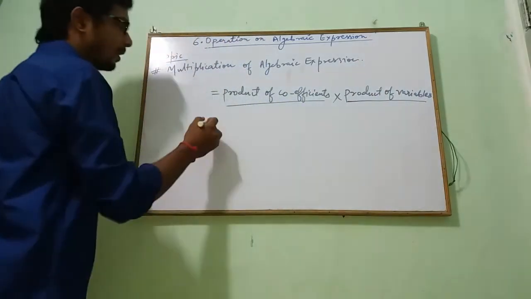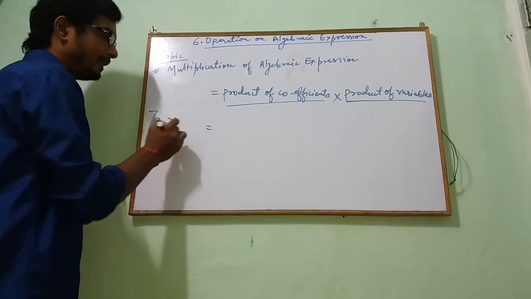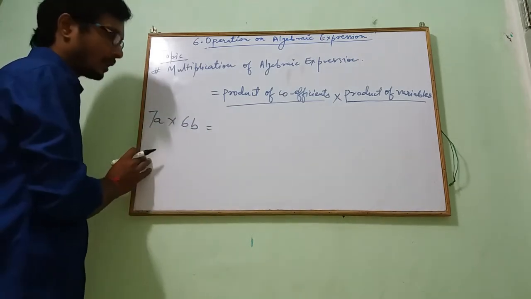So let's see, if I have 7a multiplied by 6b.